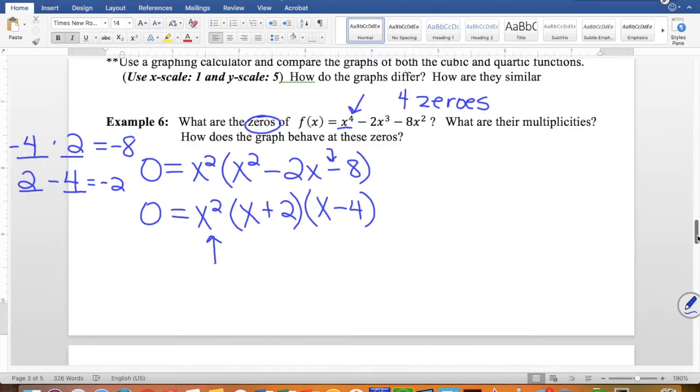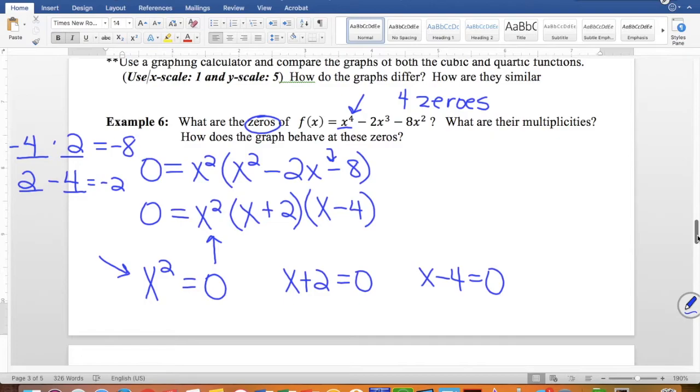So what that means here is if I say x squared equals 0, and then x plus 2 equals 0, and then x minus 4 equals 0, okay? That means 2 of my zeros of my function are actually 0. That means this 0 occurs twice.